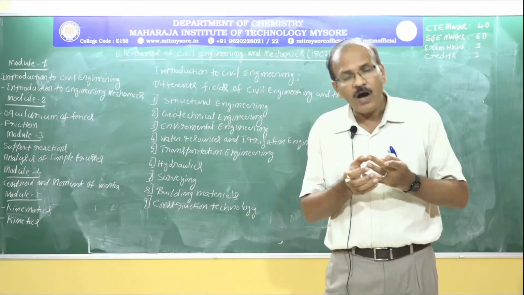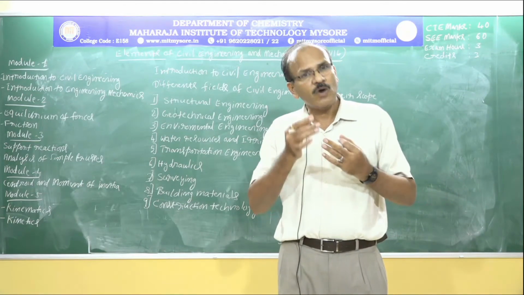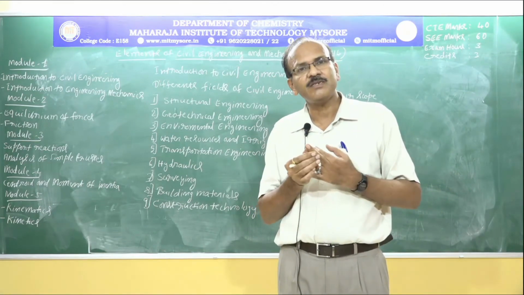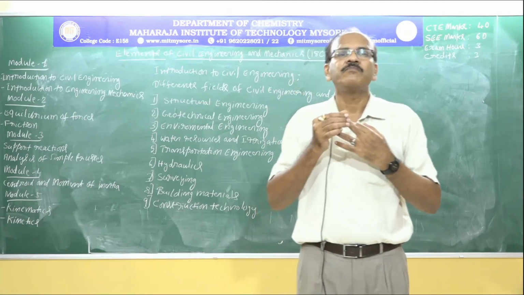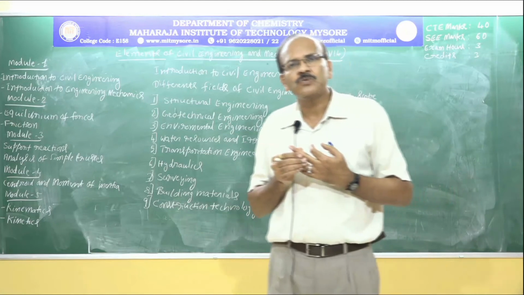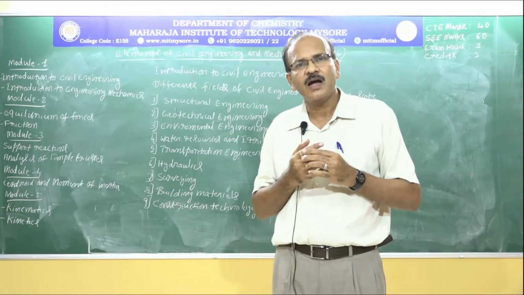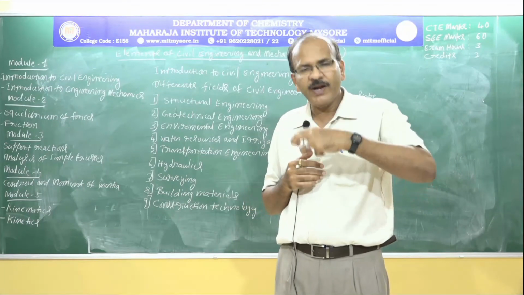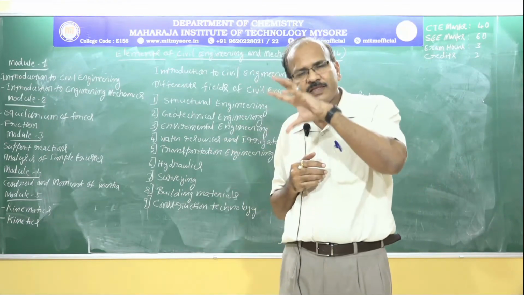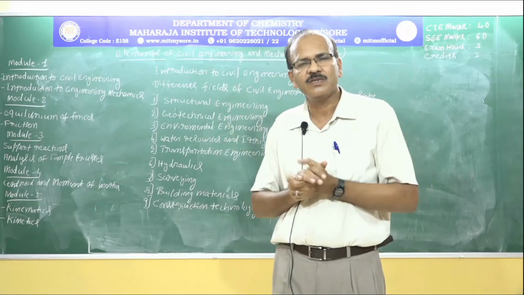We are going to study how to manufacture cement, what the different kinds of cements are, what the different properties of cement are, and what properties the cement has to satisfy. We are going to test the cement, and the values after testing have to come within certain limits.